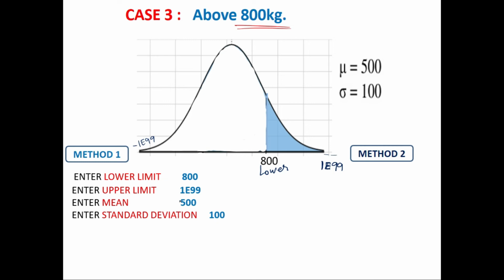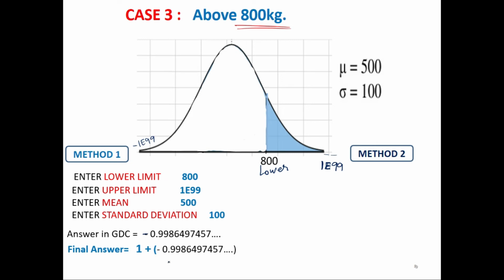The mean is 500 and the standard deviation is 100. You put these values into the GDC and your GDC answer is going to be 0.9986. The final answer will be 1 minus 0.9986, which is 0.00135 to 3 SF. So this is your probability for the data that falls above 800 kg.